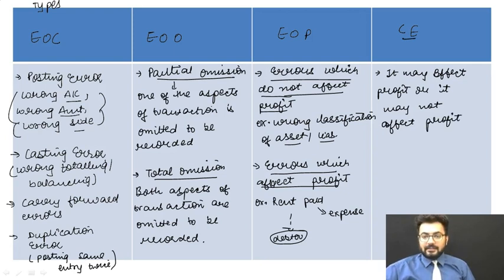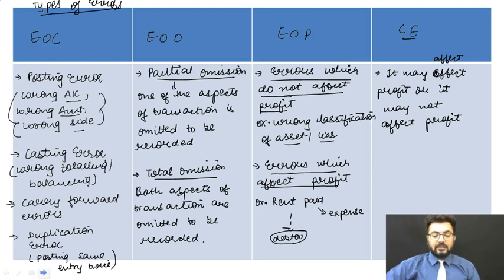It's not effect, it's affect. Effect is something else. It's affect. So there are basically different types of errors which are classified as per the subsequent headings. Got it?